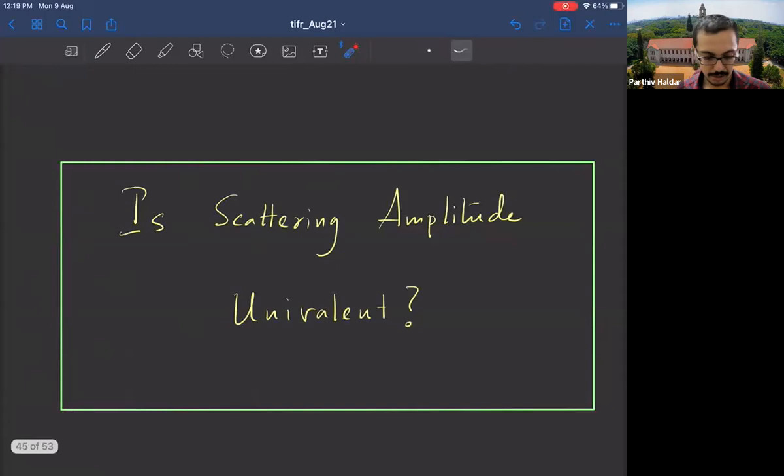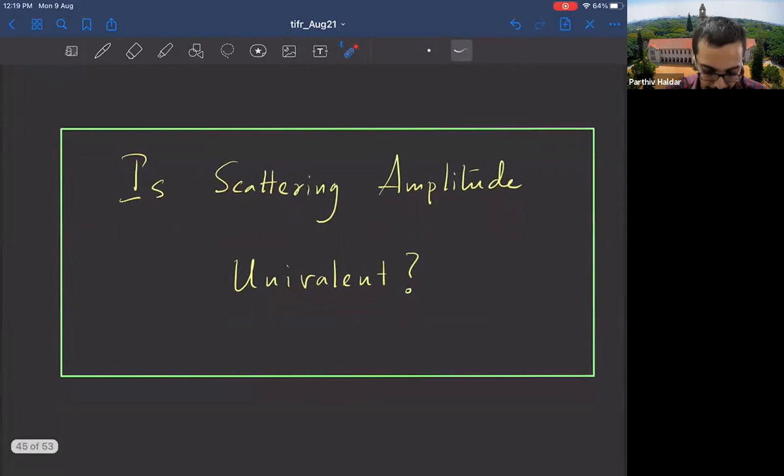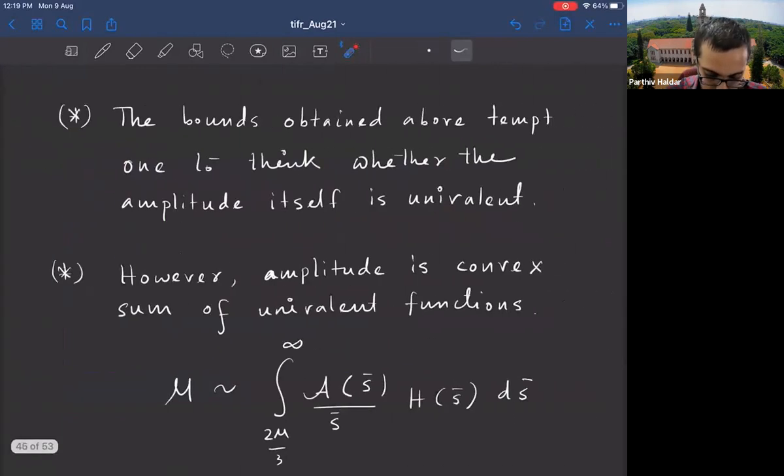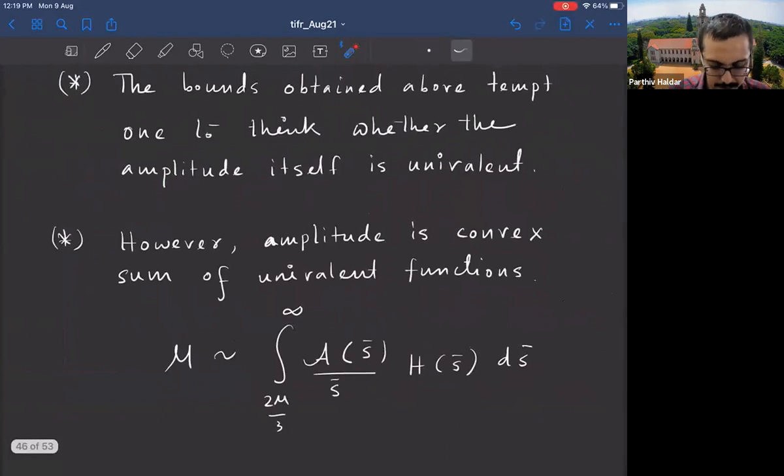So finally, one question that you can ask is whether the scattering amplitude itself is univalent. That's obviously a very important and valid question, because the various bounds look as if you may be tempted to go bold and conjecture that the scattering amplitude is univalent. The amplitude actually turns out to be a convex sum of univalent functions, because the amplitude looks like a kernel which is univalent, as we showed, times some function which is positive.